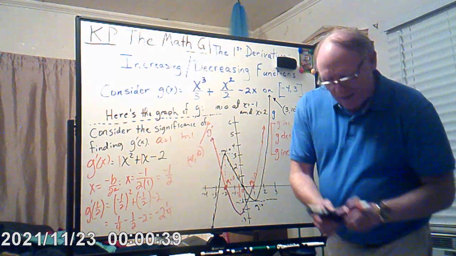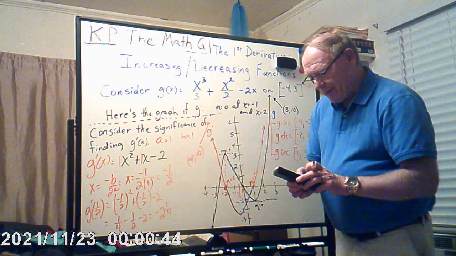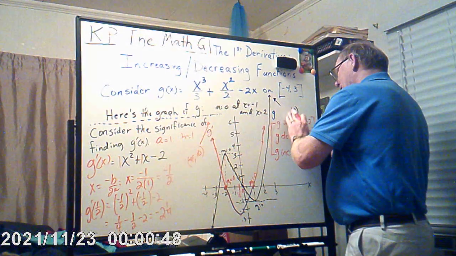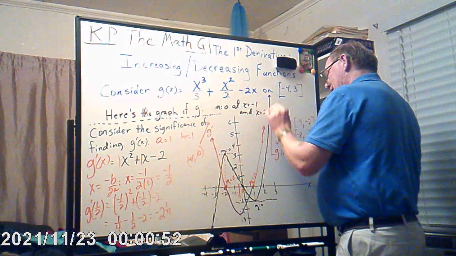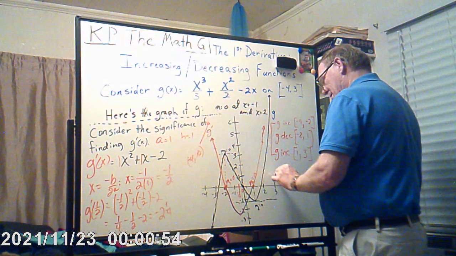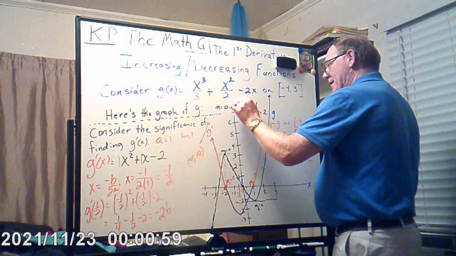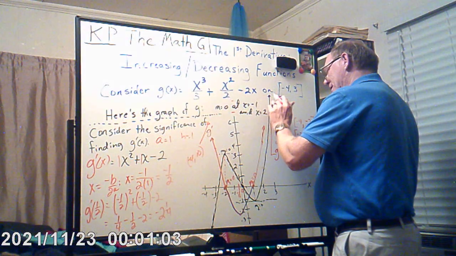Let me see, 3. Let's see, 7.5. So at 3, up here, 7.5. Somewhere right here, so it should be over just a little bit.